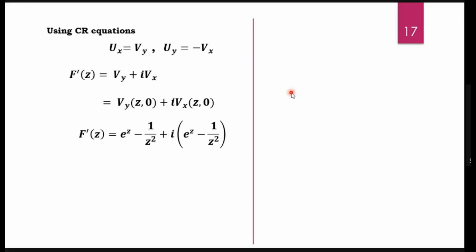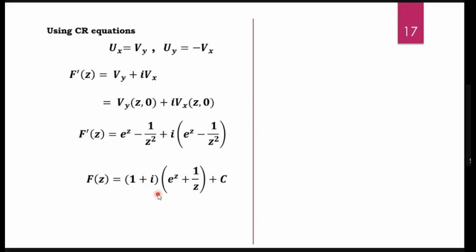Again, e raised to z minus 1 by z square is a common term. I can take it out. So I will have 1 plus i into e raised to z plus 1 by z square. Okay, I've taken common, one step I've skipped over here. 1 plus i is taken, that is e raised to z minus 1 upon z square is taken common.